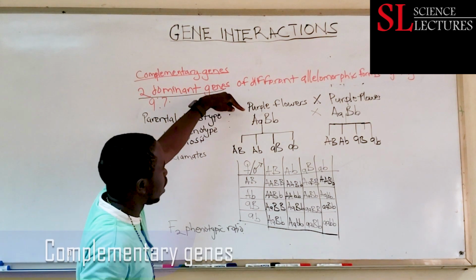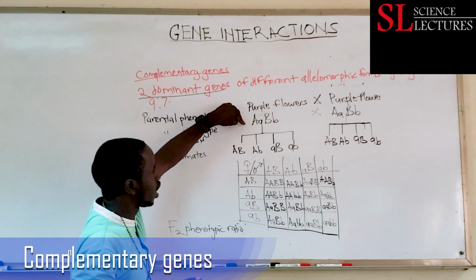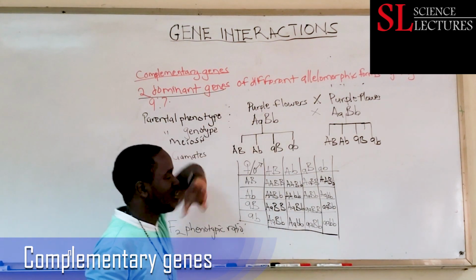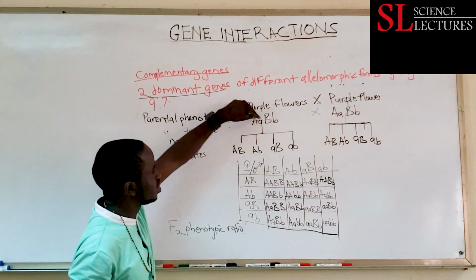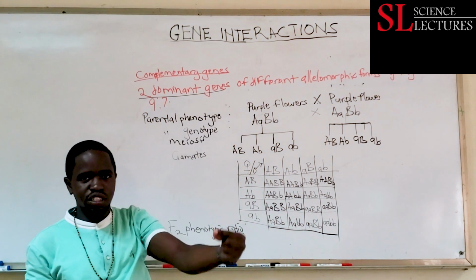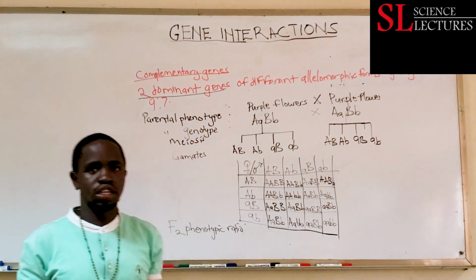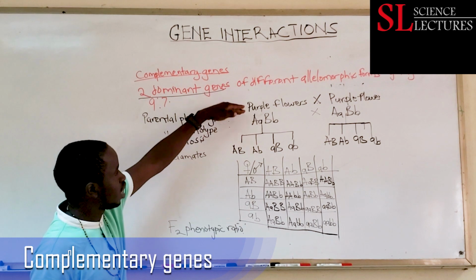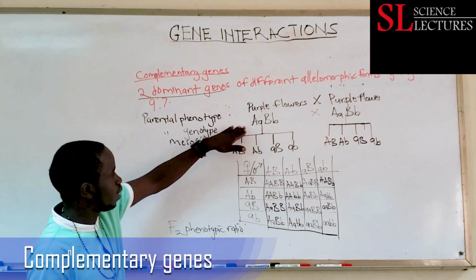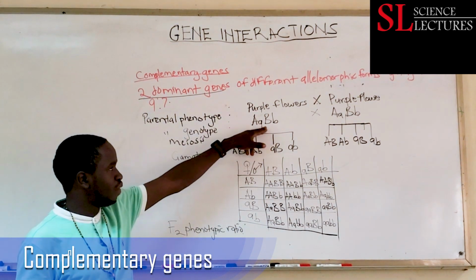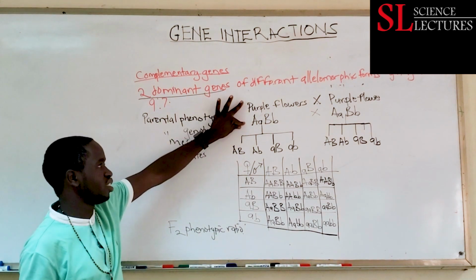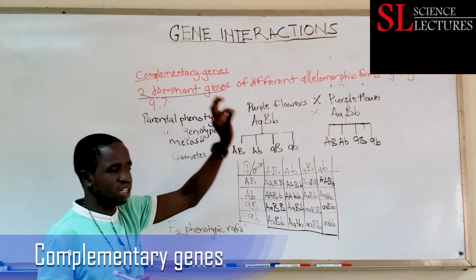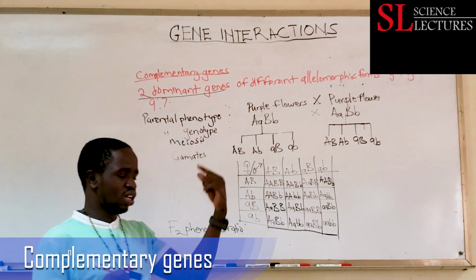You see that here I'm having purple flowers because I have capital A and capital B. Capital A and capital B. That means that having any of these genes recessive gives me a different phenotype. So you can see that me having the purple flower, I must have capital A and capital B. Meaning that whenever I have this capital A recessive, I can't have the purple flowers. Whenever I have this B recessive, I can't have the purple flowers.